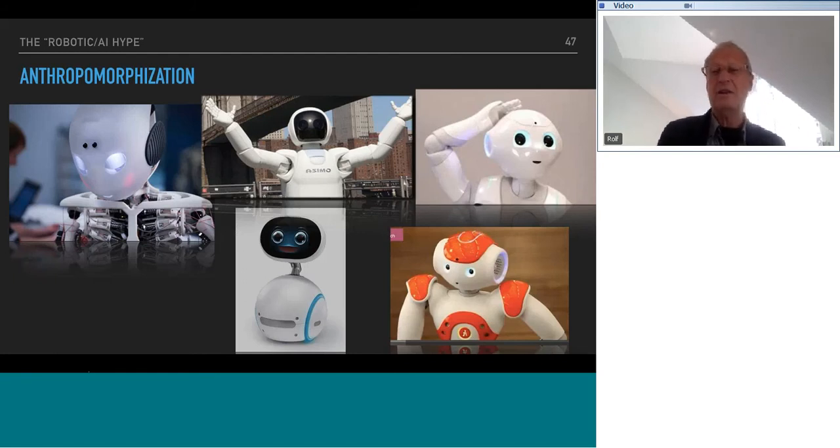They can look like these more cartoon-like things. Also, Disney, if you think of Donald Duck, it's just a few strokes on paper, but people, kids, attribute emotions to them. That's anthropomorphization. We attribute human-like properties to these robots even though they don't look like humans.